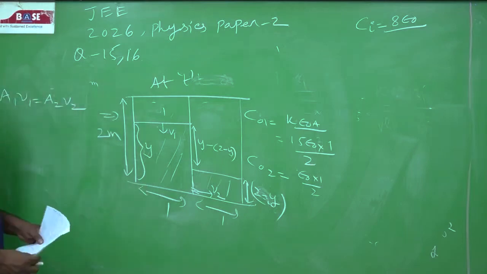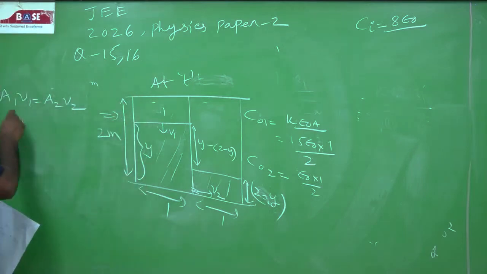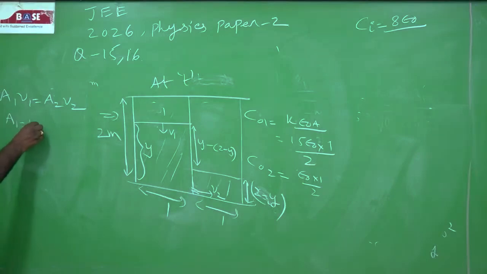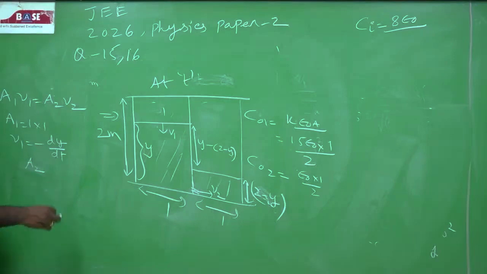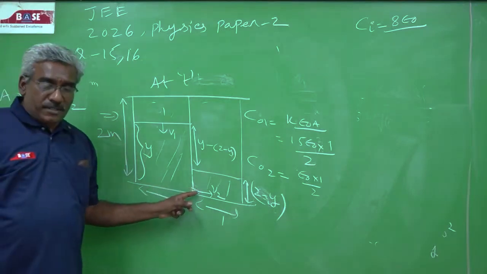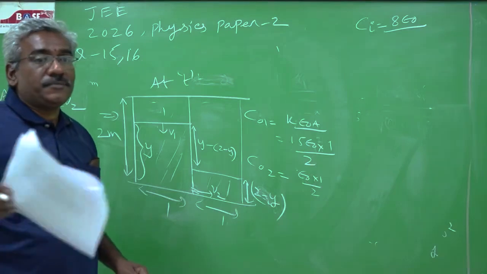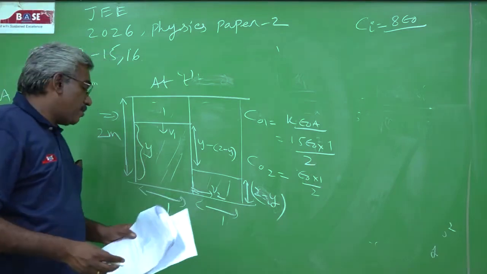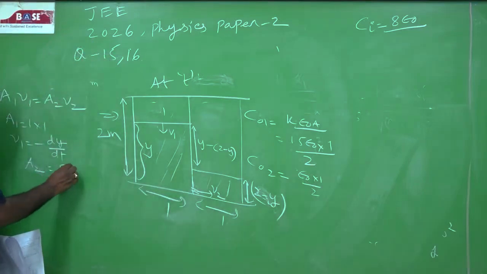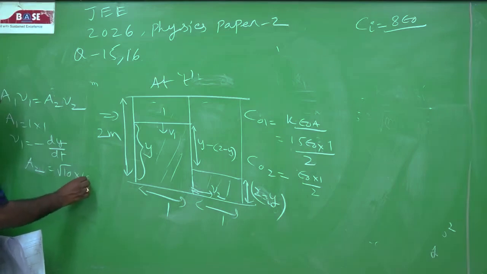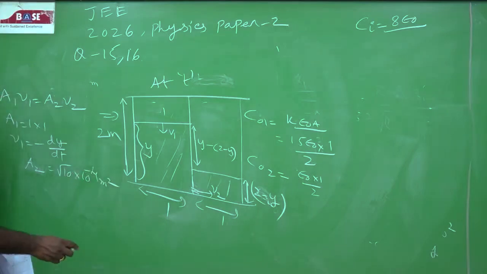Capital A1, this area, is 1 into 1, so V1 is equal to minus dy by dt. A2 is the area of the orifice; please look at the question. The area of the orifice is 10 cm squared, which you can convert to 10 power minus 4 meter squared.